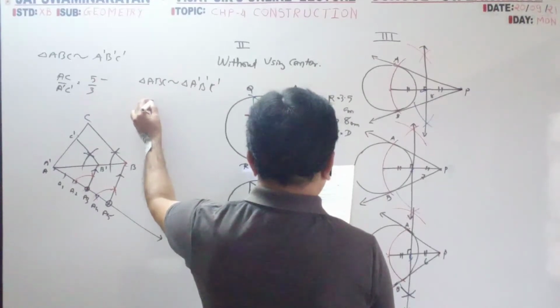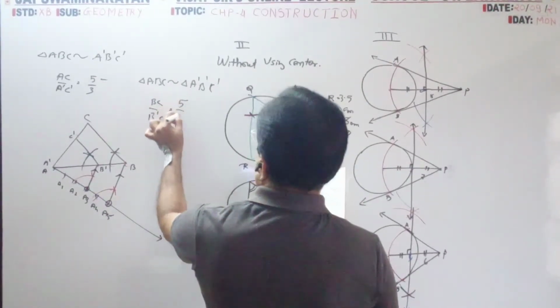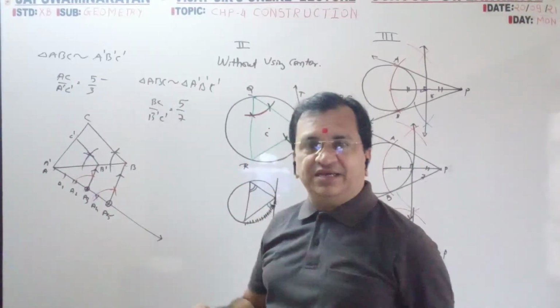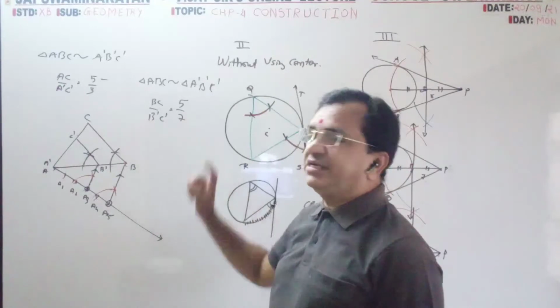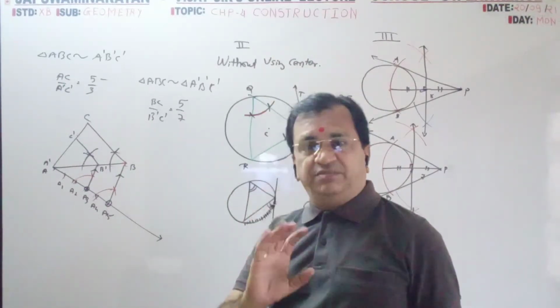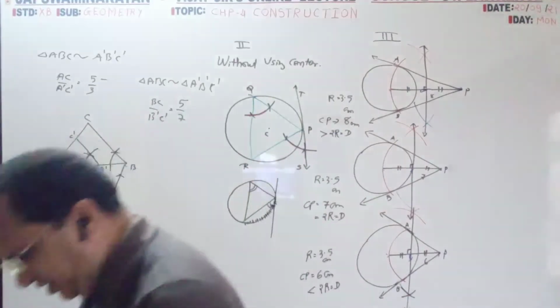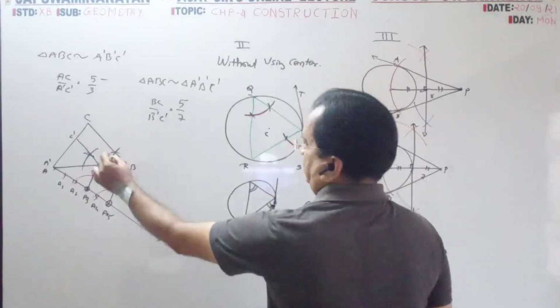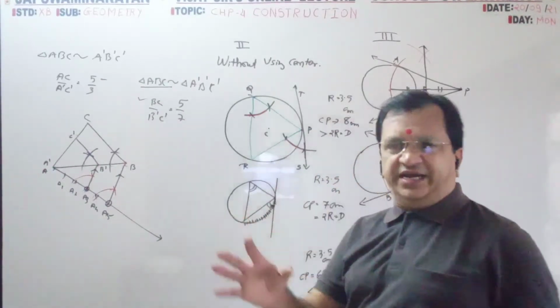Here it is given BC by B dash C dash is 5 by 7. If BC is 5, its replica, the similar triangle, is 7, meaning it will be bigger. Here we will do the same as what we have done before. For this they will give the measurements of the 3 sides.